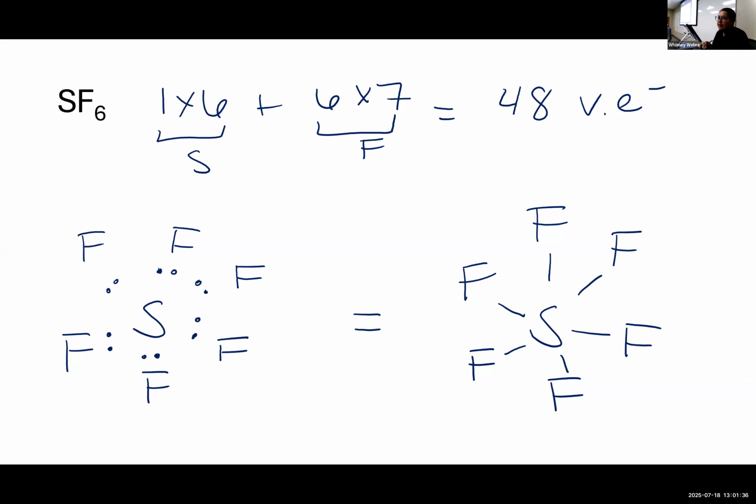Now I keep adding electrons, because we're finished with sulfur, but we can add them to the fluorines until I've hit my 48 total electrons.